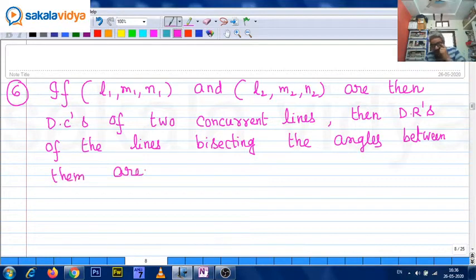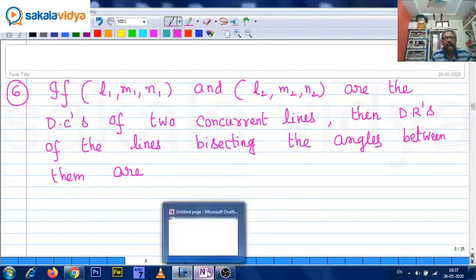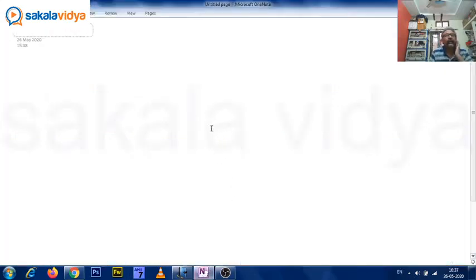For example, L1, M1, N1 and L2, M2, N2 are the DCs of two concurrent lines, then DRs of the lines bisecting the angles between them are. So that we need some explanation. Let us explain first, then we shall move to the next concept.